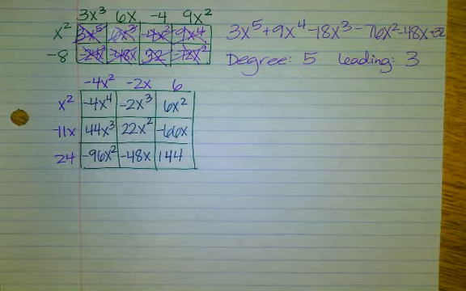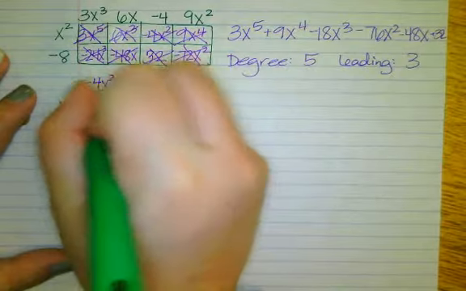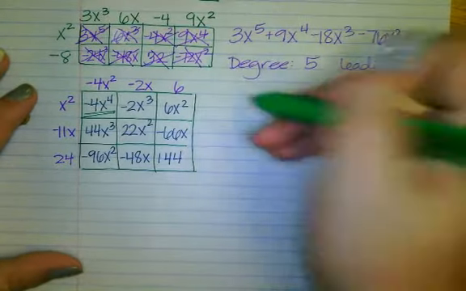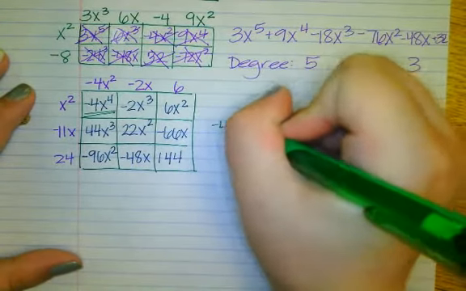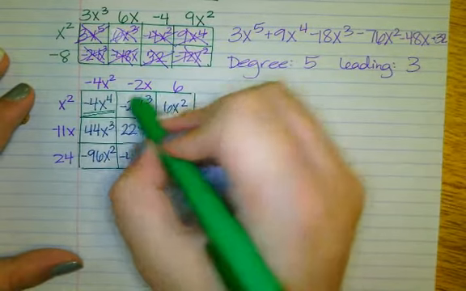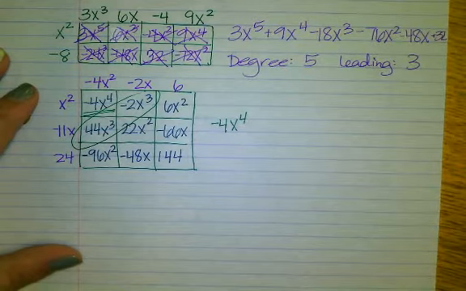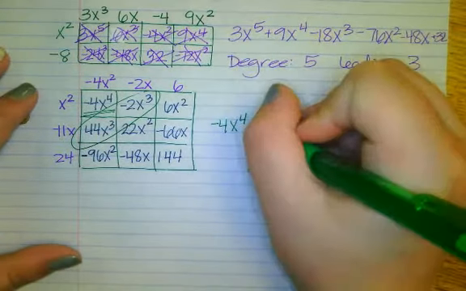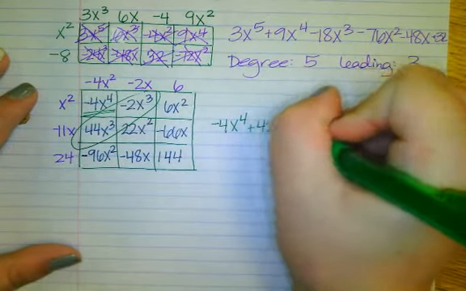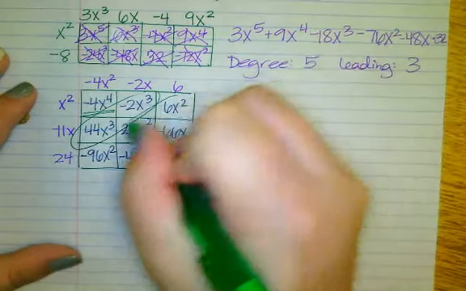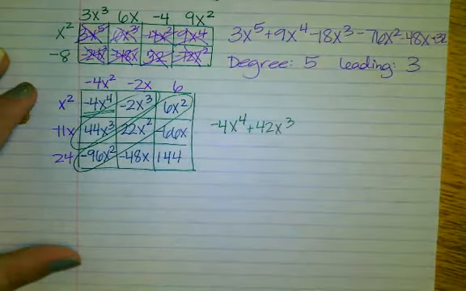Okay, so the top one's always going to be your highest degree, so negative 4x to the 4th. Okay, then I have these two, 44x cubed and negative 2x cubed. Okay, and then I have my next diagonal of x squared, negative 96x squared, 22x squared, and 6x squared.